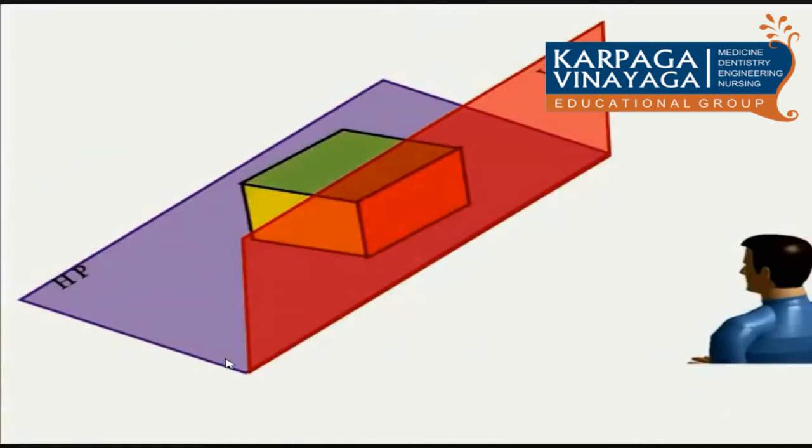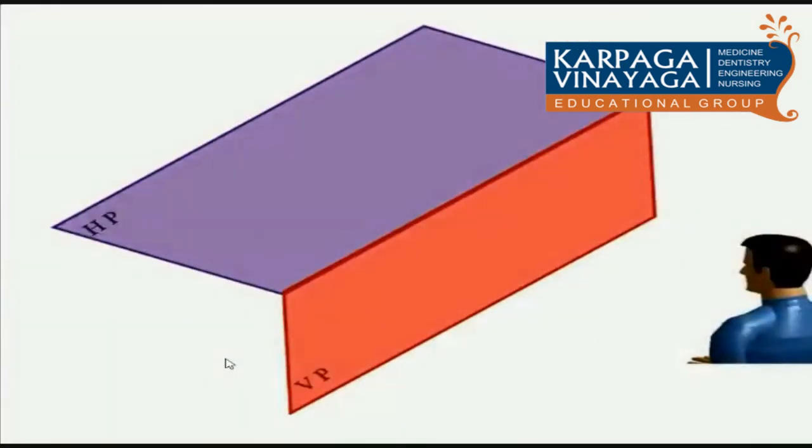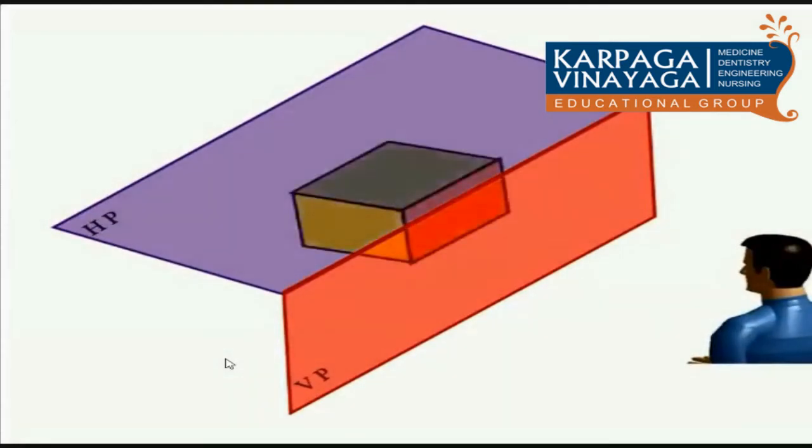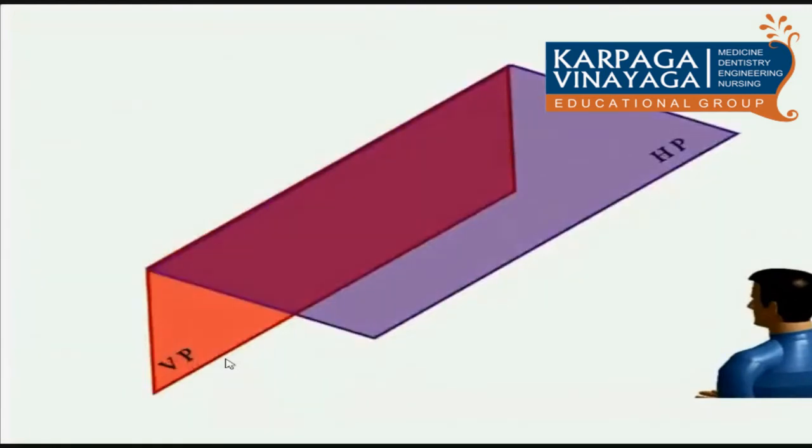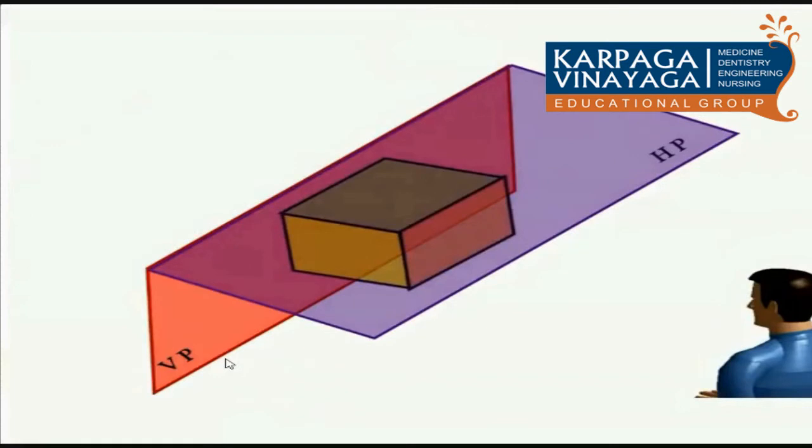The observer is viewing from the right side, same position. Then the third quadrant: the object is kept below HP, behind VP. Then the fourth quadrant: the object is kept below HP, in front of VP.